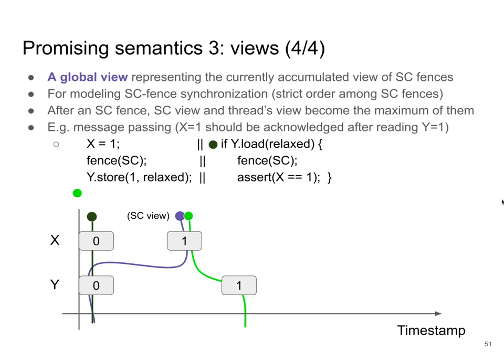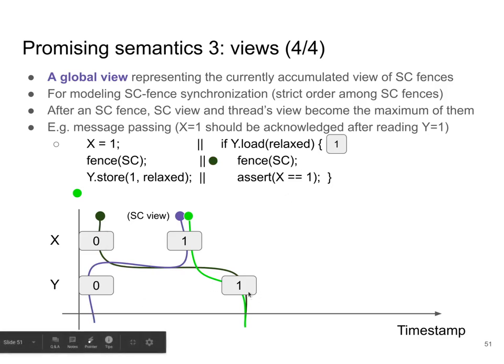Now, in the right thread, it is reading y equals 1, updating its per thread view to point to y equals 1 here, and then executing an SC fence. And this time, what is interesting is that two things happen. The first is that I am also updating the SC view. I am acknowledging this message and this message, and this is incorporated into the SC view.